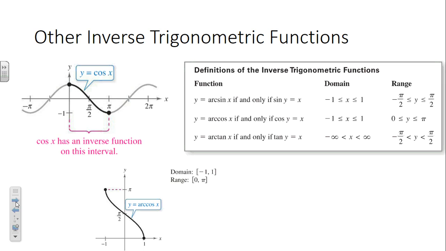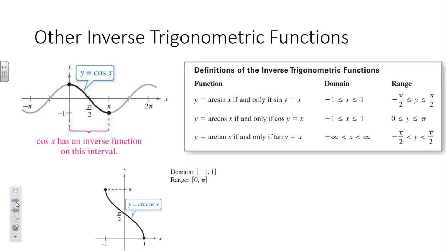And in the middle, when x is 0, y is pi over 2. This is the arccosine function. So far, so good? Okay.